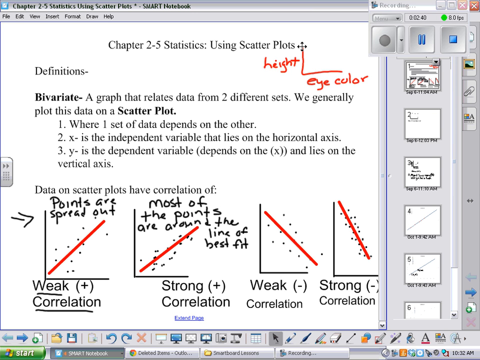Here's just another example of a weak correlation. And then here's an example of a stronger correlation where it's closer to the line. Most of the points are closest to the line.